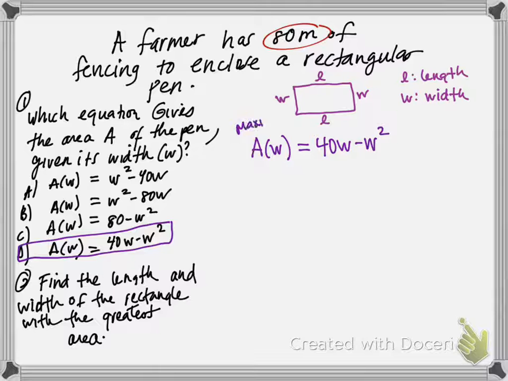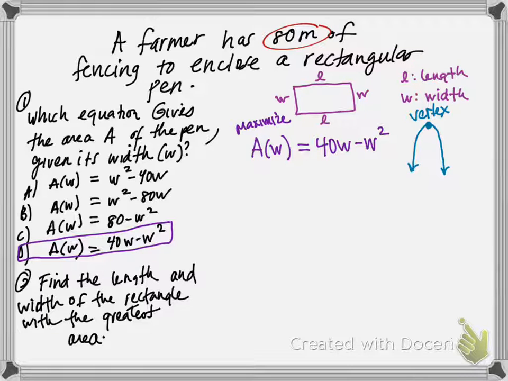I notice that this equation is a quadratic, and because the W squared is negative, that means it is going down. So if I'm trying to maximize my area, I'm trying to find the vertex, because the vertex is the highest or lowest point always. So this would maximize my area.